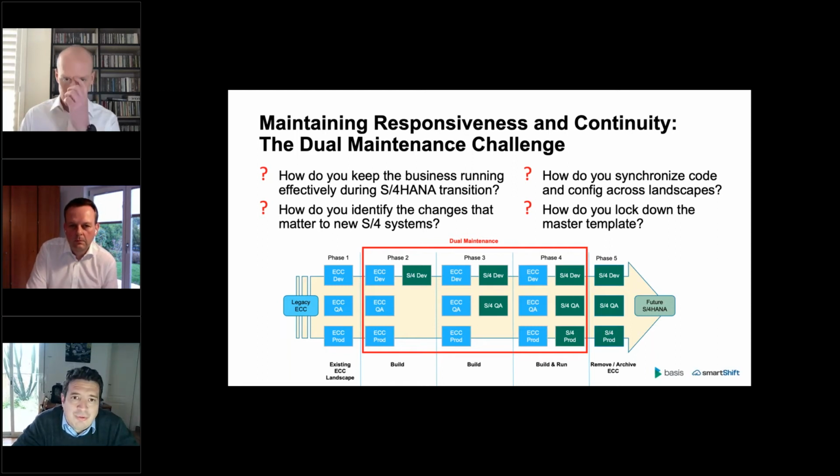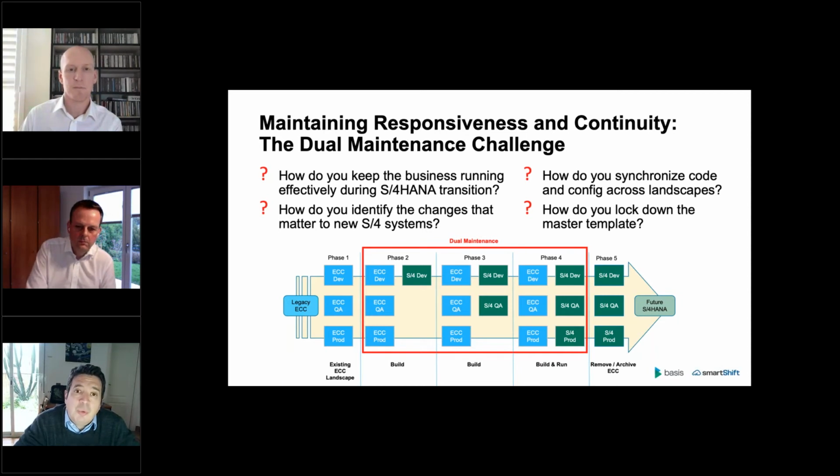Depending upon how you've chosen to create that S4 development system, be it a brownfield conversion of your existing ECC dev or ECC prod system, or some kind of shell-based approach or mix-and-match approach, there will be changes continuing to happen in the ECC system, because in most cases, the types of companies we're working with can't impose change freezes or change moratoriums during such a long period of time.